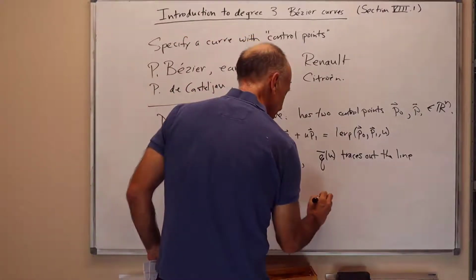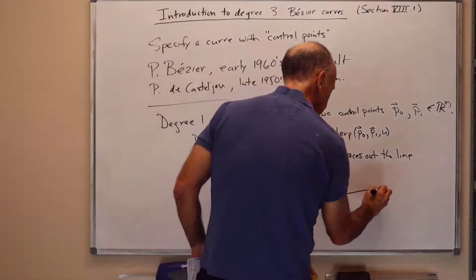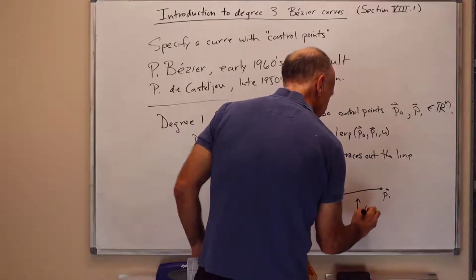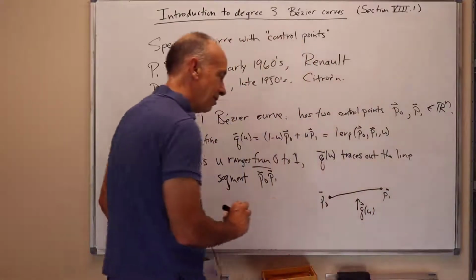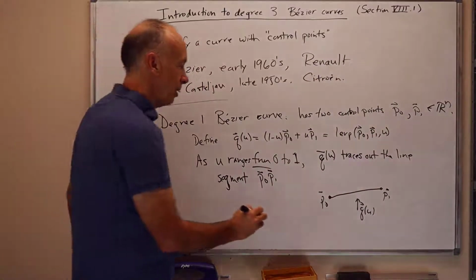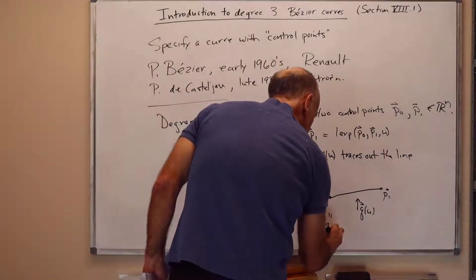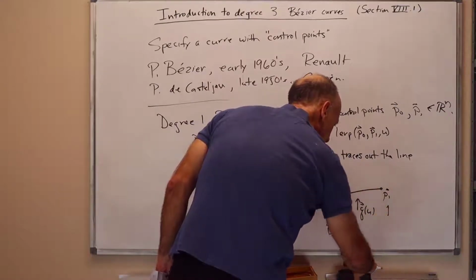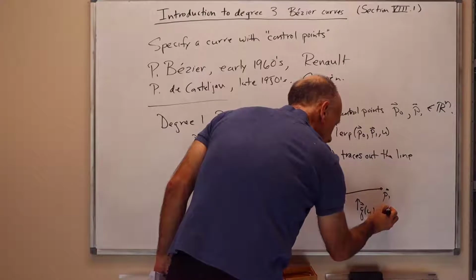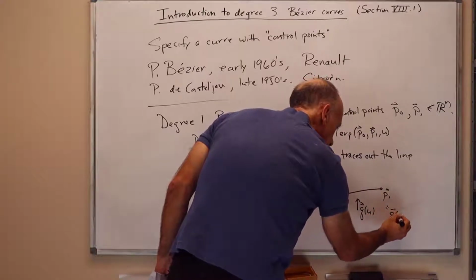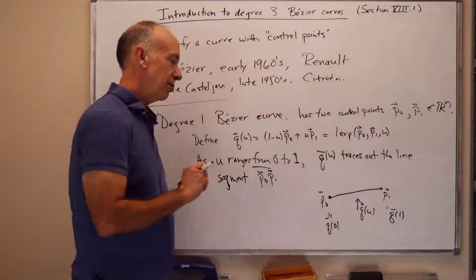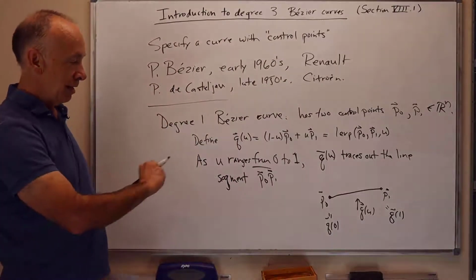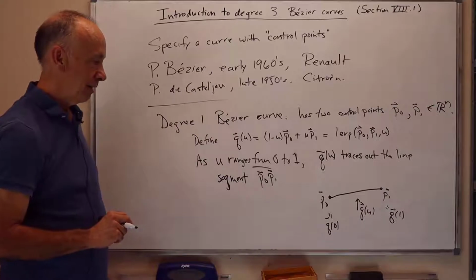So the picture here is P0, P1. Here's the curve, as it were, Q of u. It's just a straight line segment. It's not actually curved. Q of 0 is P0. Q of 1 is P1. And as u varies from 0 to 1, the value of Q of u ranges along the line segment from P0 to P1.